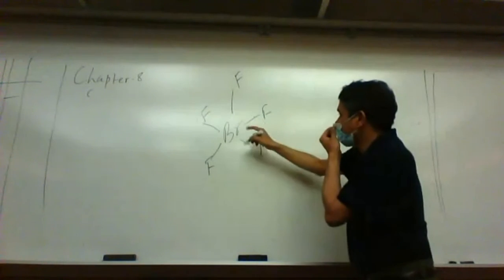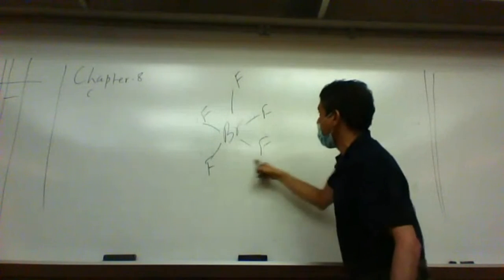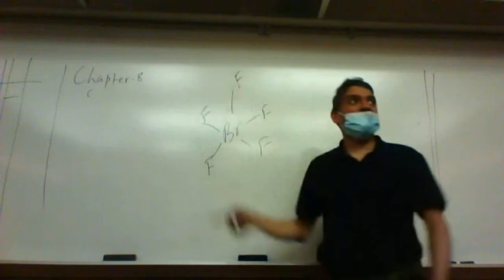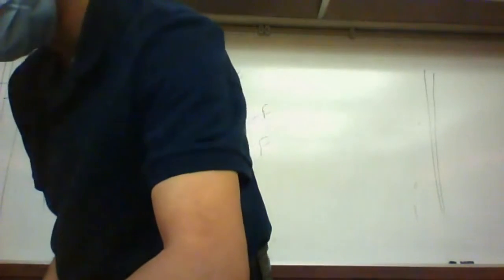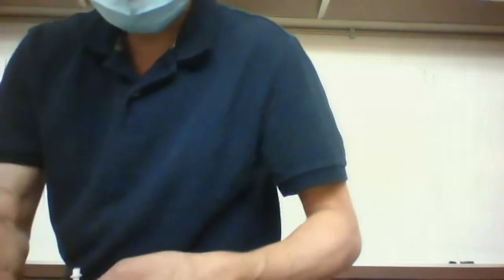So this is a square, and this is a pyramid. So we call it the square pyramid. Do I have a BrF5 here? Looks like I didn't make the BrF5. So 1, 2, 3, yes, we have it here. 4 and 5 like this.